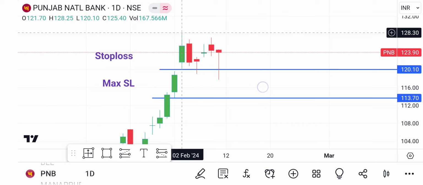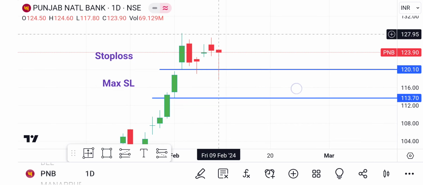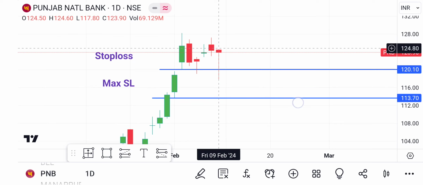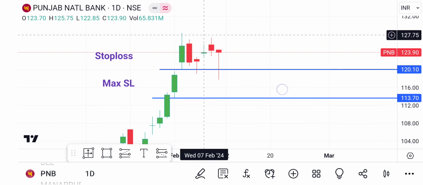now there are two methods in which you can get into the position. You can either scale into your position, or you can get into the position all at once.